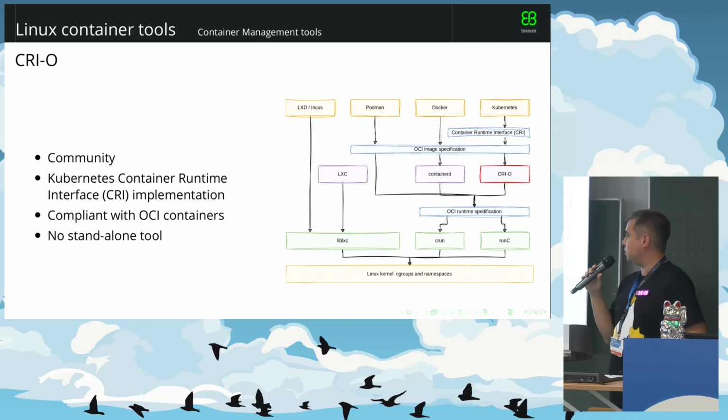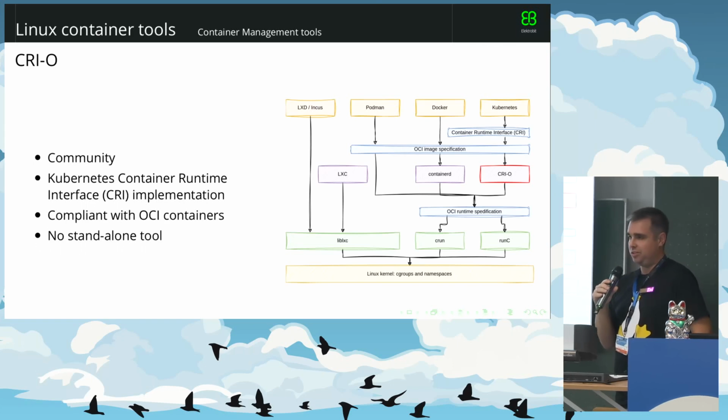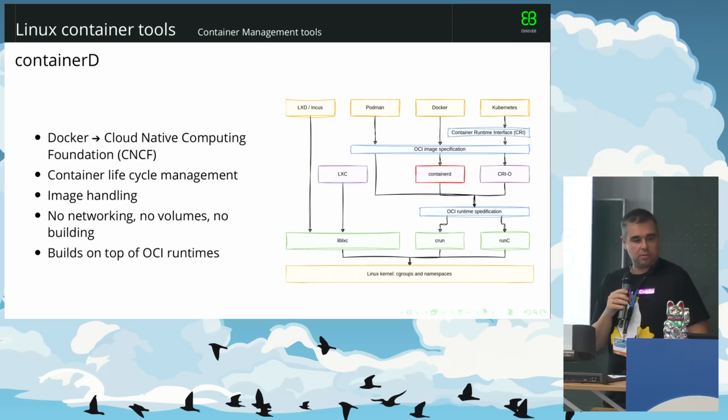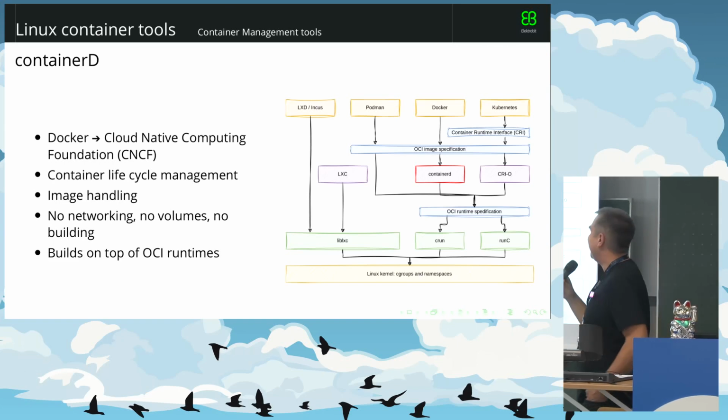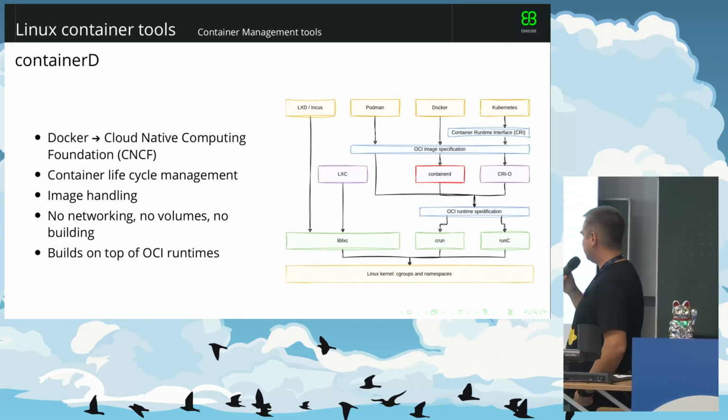From a feature set, it's quite cool, but it's only intended as one component in the Kubernetes stack. So if you don't use Kubernetes, CRI-O is unfortunately not so interesting. Next slide. Oh, I forgot about containerd.